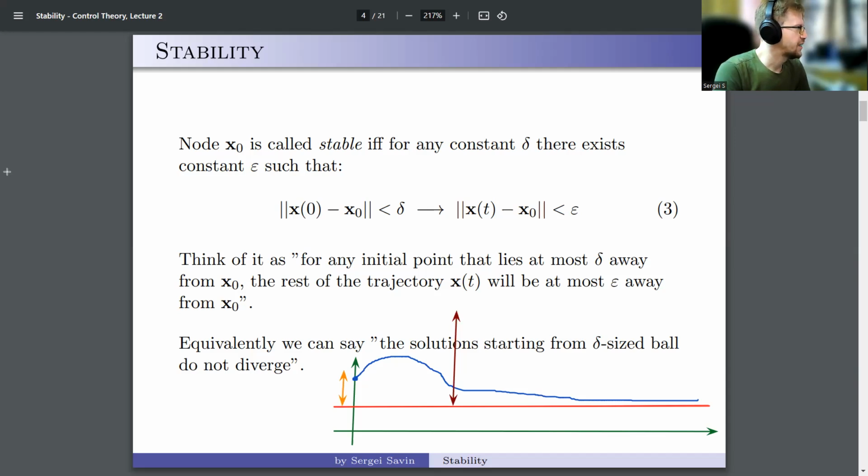If I wanted to be as tight as possible, more attuned to the solution, I would have said, okay, this is a delta, and this is the epsilon. This is the biggest distance we saw on this particular solution, the distance from the origin of the solution.